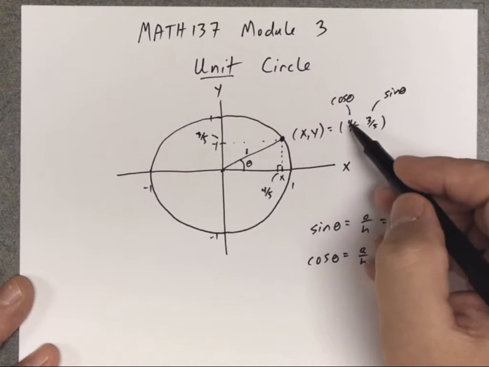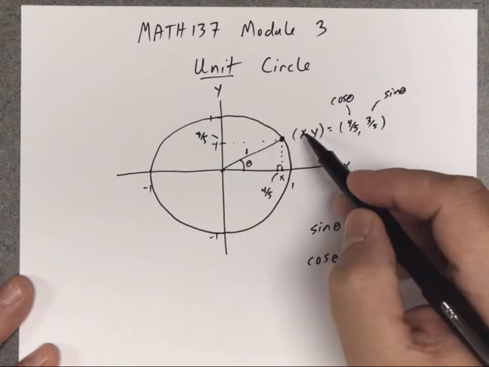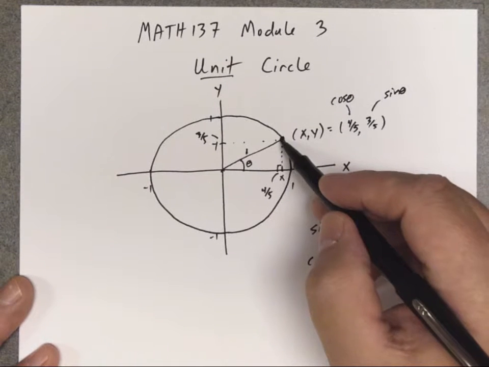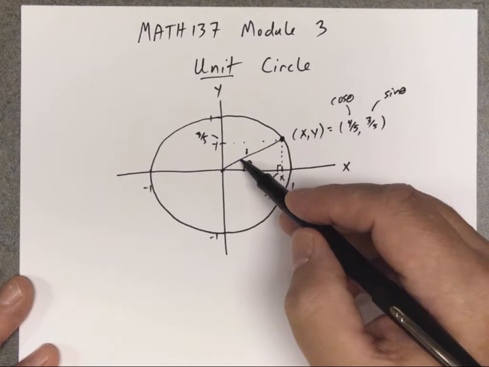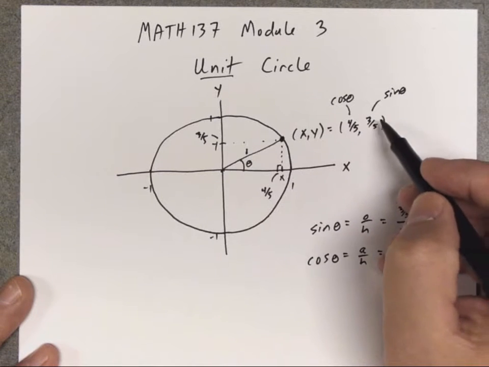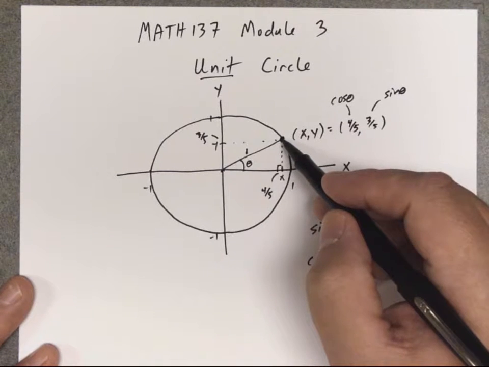Because the cosine of this angle is always the x value of this point, and the sine of this angle is always the y value of this point.